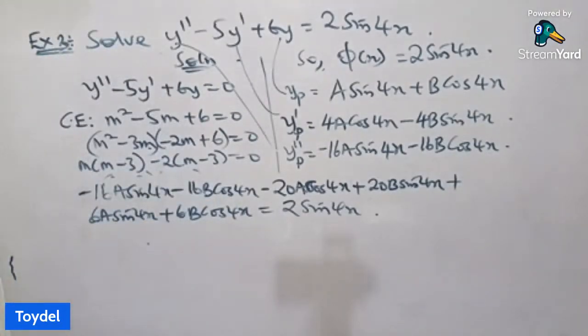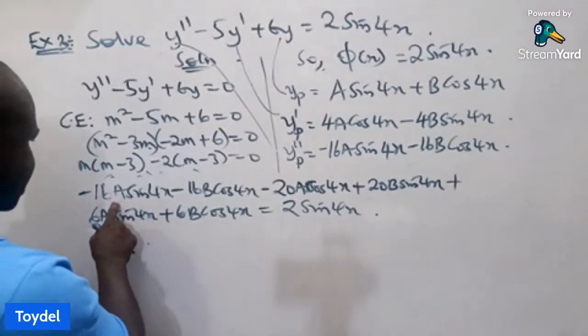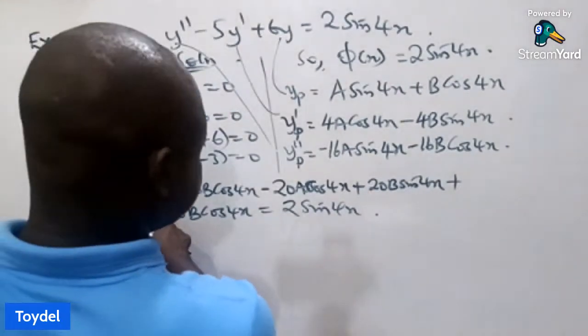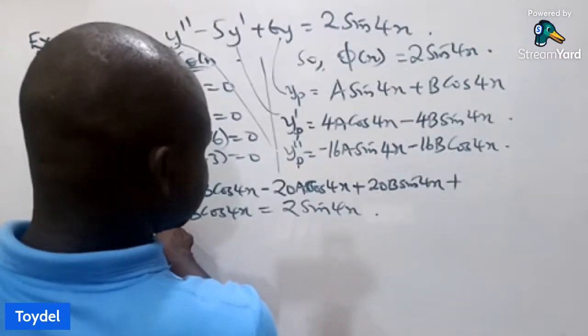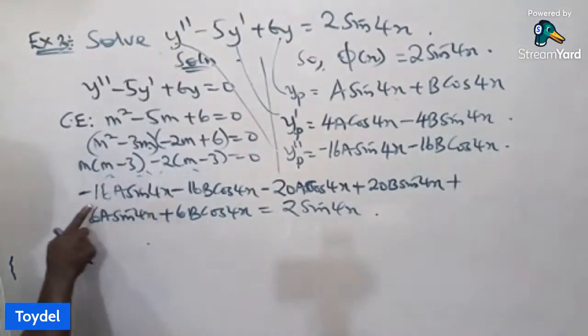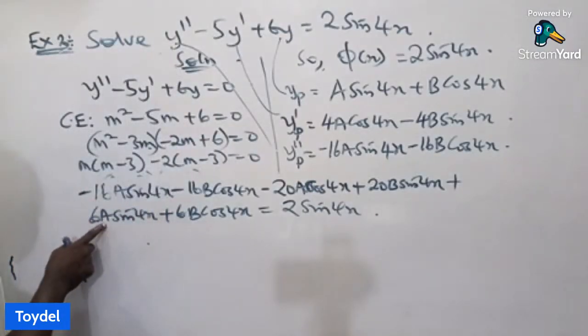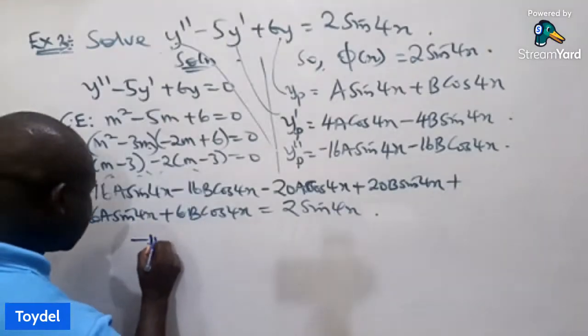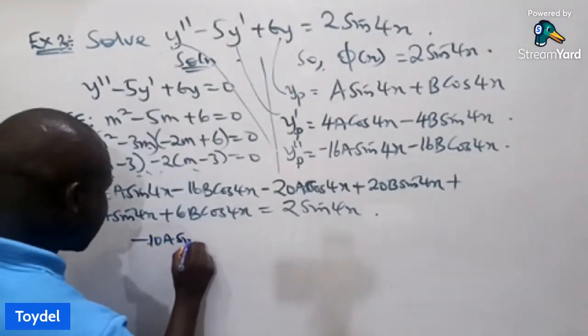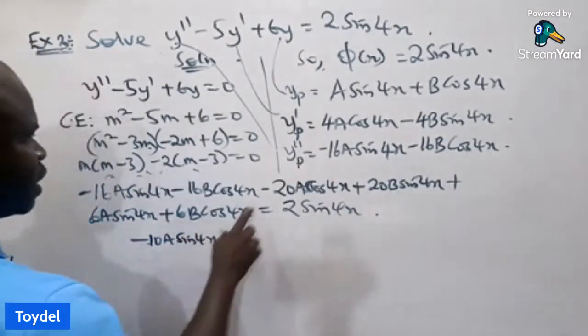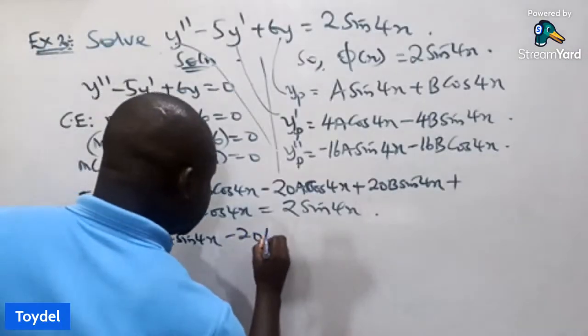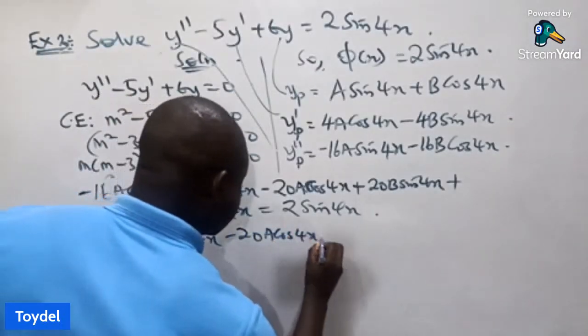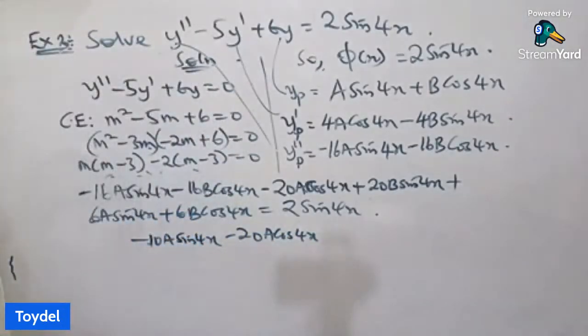That's not what I'm going to get. So let's look at this. Minus 16a plus 6a, that will be minus 10a sine 4x, then minus 20a cos 4x. That's what you're going to get.